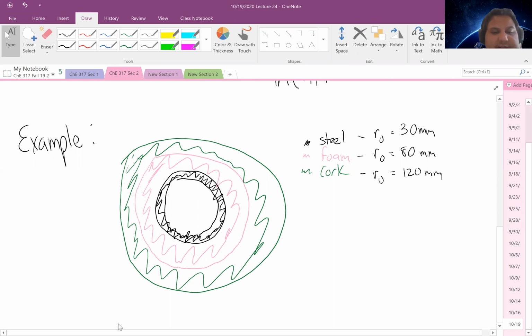And so the temperatures, as identified in my fixed problem, is the pipe foam interface is 150 degrees, and on the outer surface of the cork is only 30 degrees.